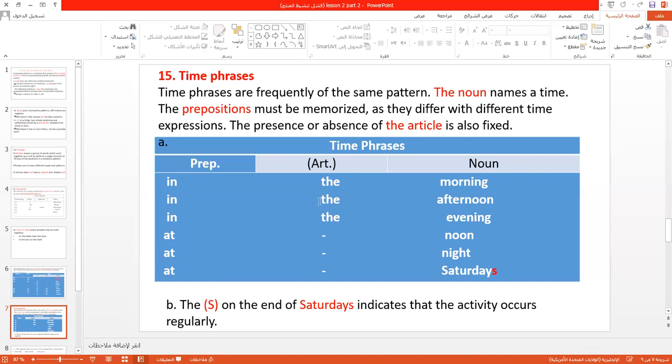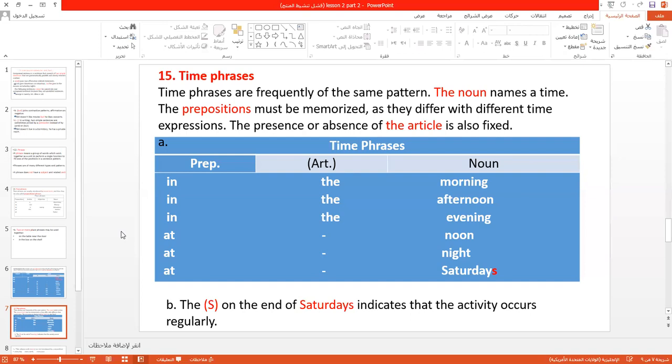Afternoon has the definite article and the preposition in. In the evening, the same. Noon, night, Saturdays, Mondays don't have the article, and at the same time they have what? They have the preposition at. So please, you must memorize these.